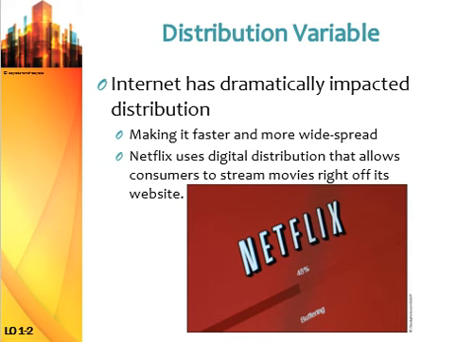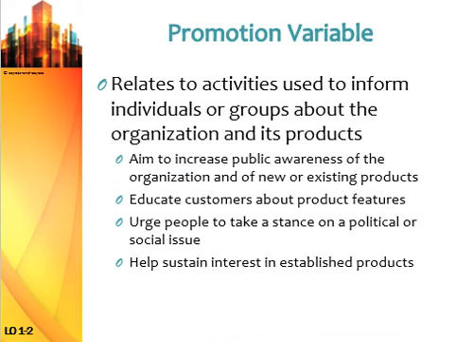Next, let's talk about promotion variable, another P, another part of marketing mix. It relates to activities used to inform individuals or groups about organization and its products. So there are several aims.